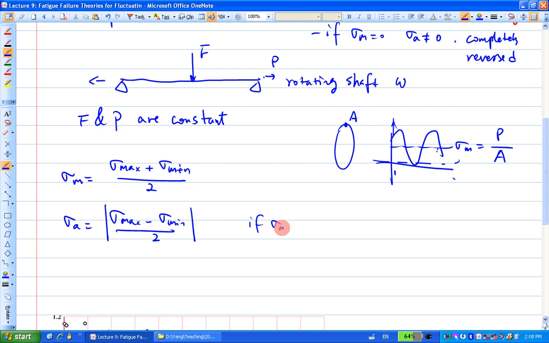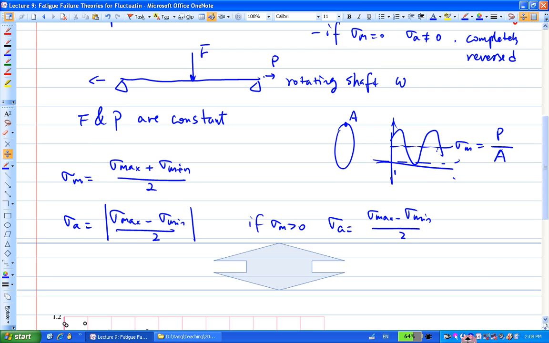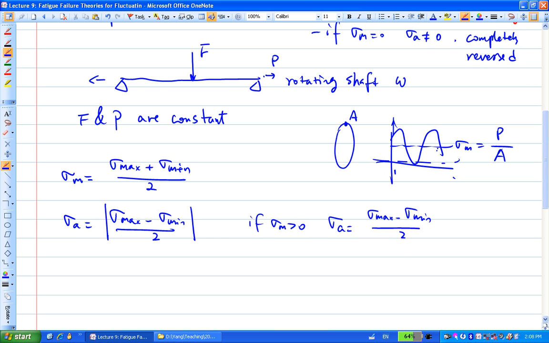If sigma m is greater than 0, then you don't need the absolute sign, because your sigma max is guaranteed to be larger than sigma mean. So this is basically the relationship here.